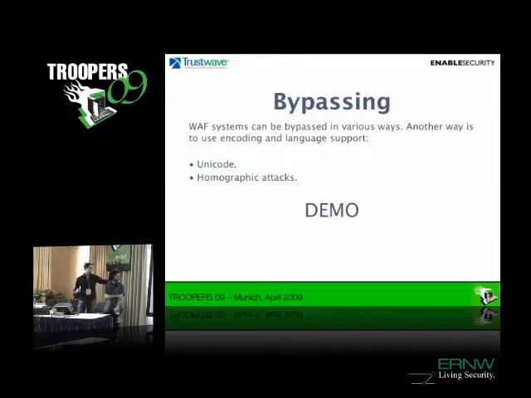When using, for example, iconv, the web application translates them to the same character. So when it arrives at the web server, it will be translated as the same and executed, but at the web application firewall, the match will be different. So that's another example of bypass using homographic attacks if your target supports multiple languages.